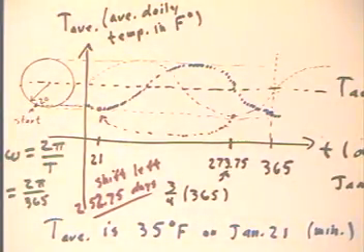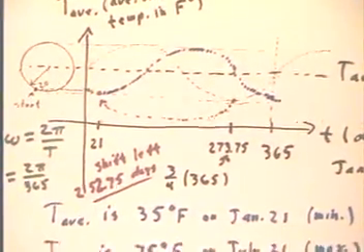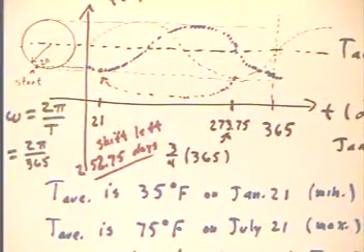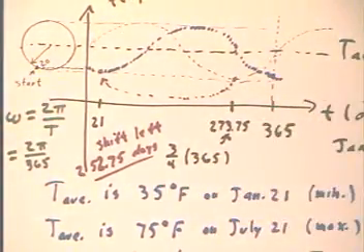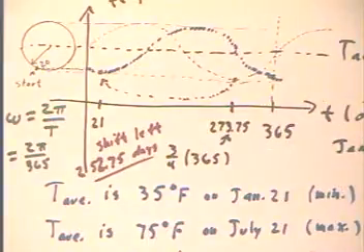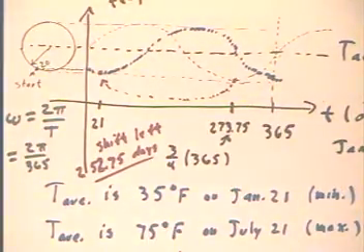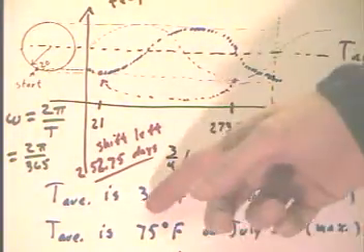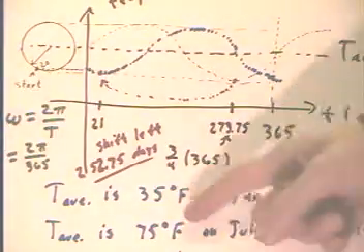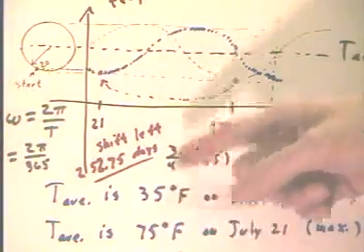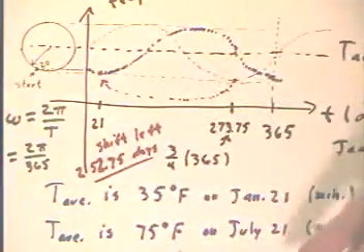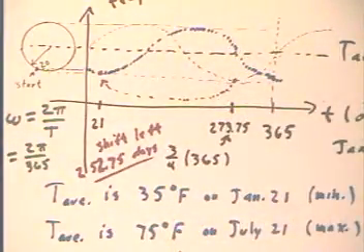We're given the information that the average temperature is 35 Fahrenheit on January 21st, and that's the minimum. And we're going to make an assumption here. I'm not sure this is really true, but the highest daily average temperature is 75 degrees. We're going to just say that's on July 21st, and that's our maximum, and that's probably not far wrong.